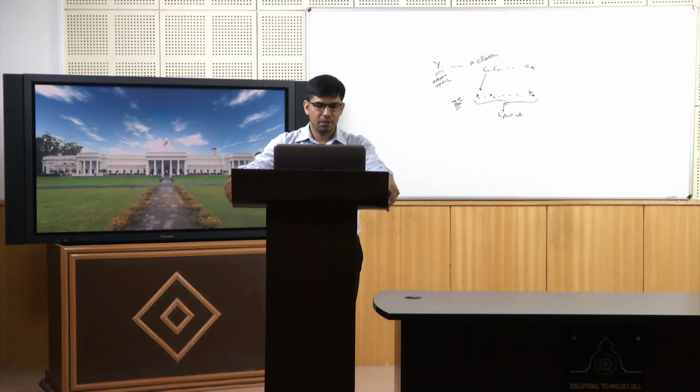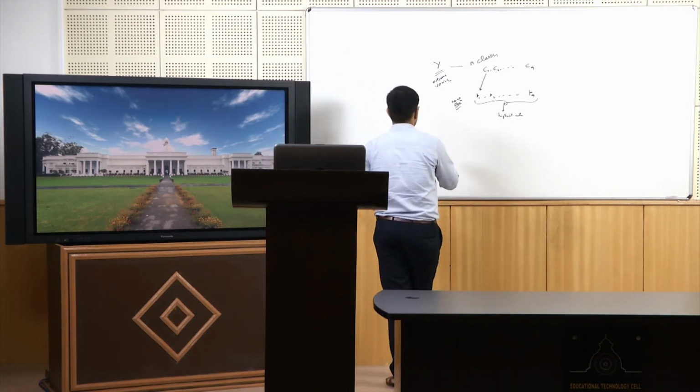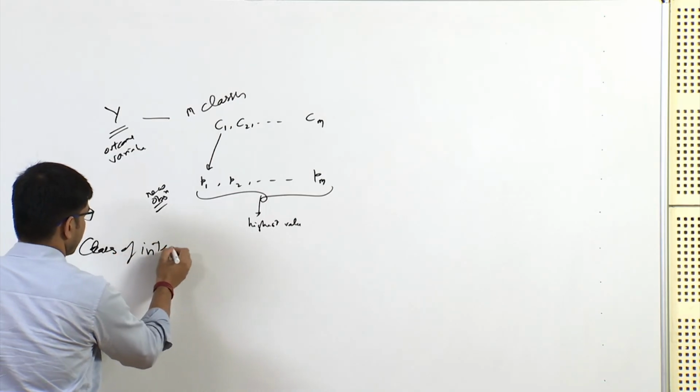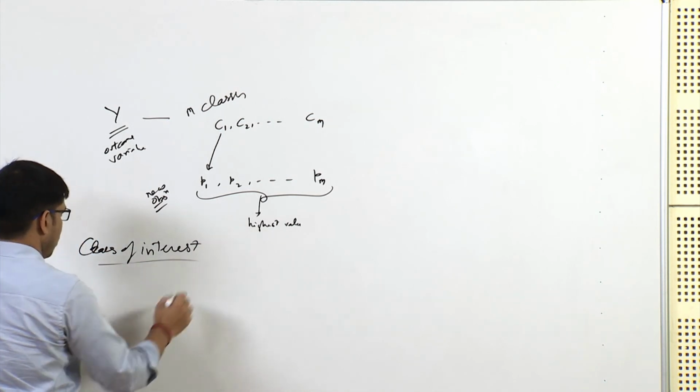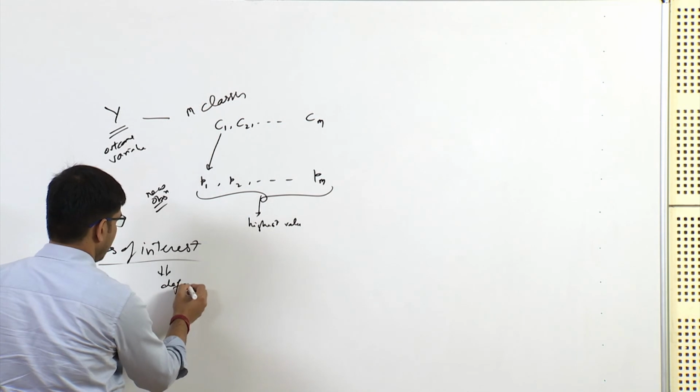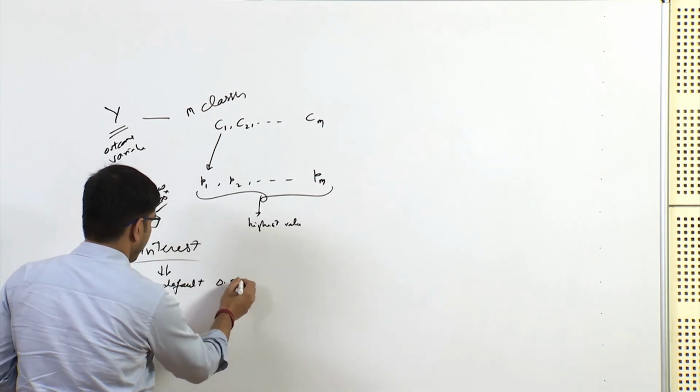So, let us discuss the steps when we have a class of interest. The first step is typically specifying a cutoff value for the class of interest. As we have been talking about in the previous lectures as well, the default cutoff value is typically 0.5.